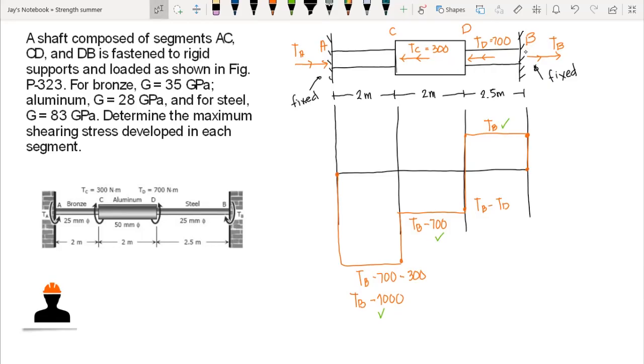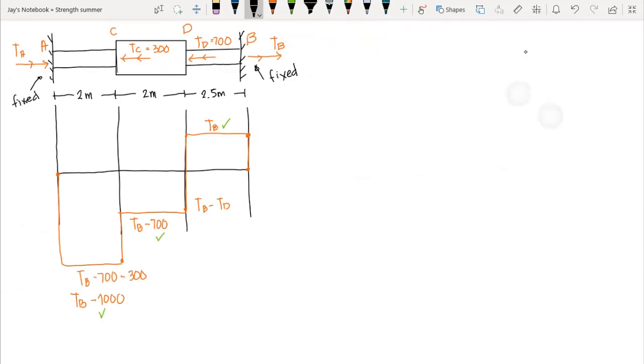They don't have an angle of twist. So if we compute the angle of twist of B relative to A, that would be equal to 0, since points A and B are on the same reference line, even though we have twisting moments within the shaft.